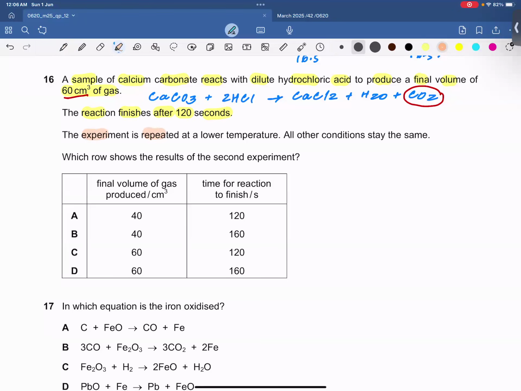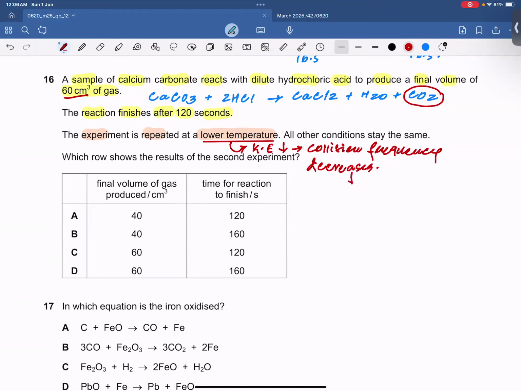The experiment is repeated at a lower temperature. That's a very straightforward point. If temperature is lower, kinetic energy also decreases. If kinetic energy decreases, collision frequency decreases. If collision frequency decreases, rate of reaction decreases.